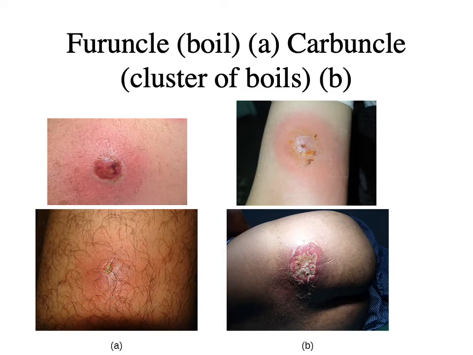What that is is an extra large lesion, larger than 1 centimeter, but we can see a singular furuncle, which would be a larger than 1 centimeter, very blistery type lesion. Or if there's kind of a family of those lesions right under the skin, we would call that a carbuncle.